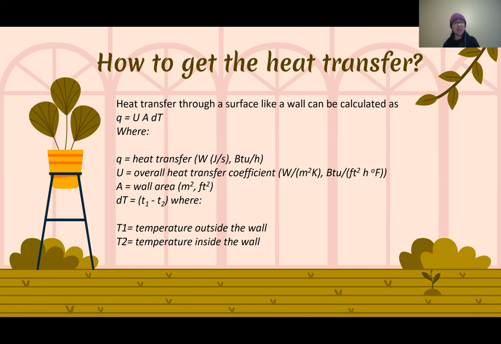So you need to calculate the area of the wall, and then you can calculate the heat transfer. And finally, delta T, the temperature difference, where the temperature outside the wall will be basically -5 and the temperature inside the wall needs to be 20 degrees. That will be it.